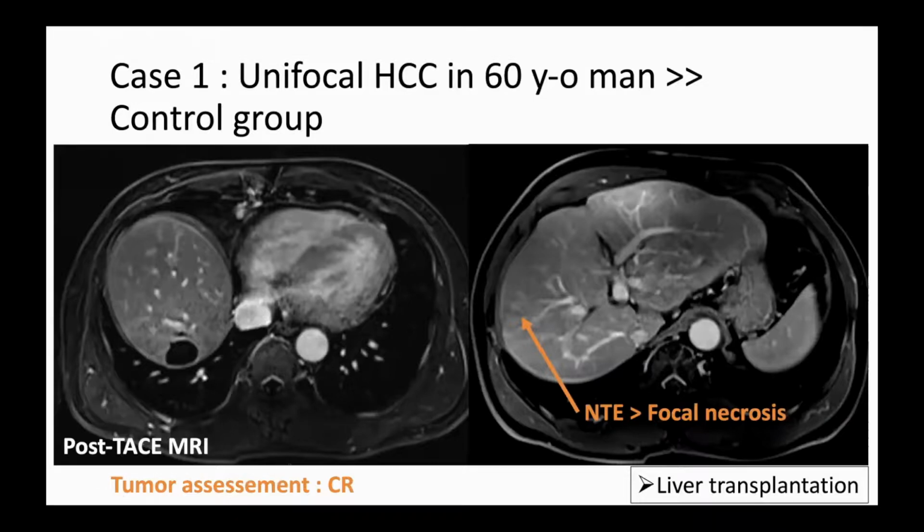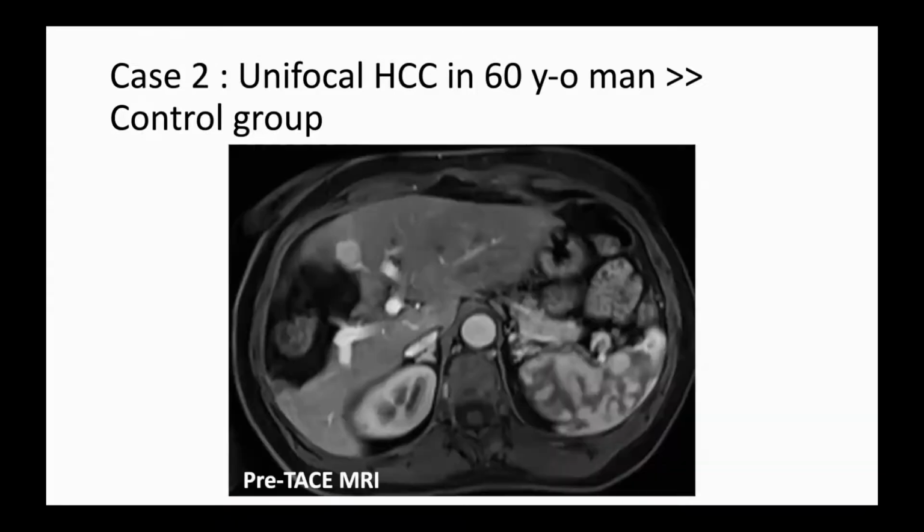In that same patient, the tumor response was very good because we had a complete response, but in the zone where we had non-target embolization, we had a focal necrosis. Of course, in that case, we didn't have any clinical consequences, and this patient was successfully transplanted.